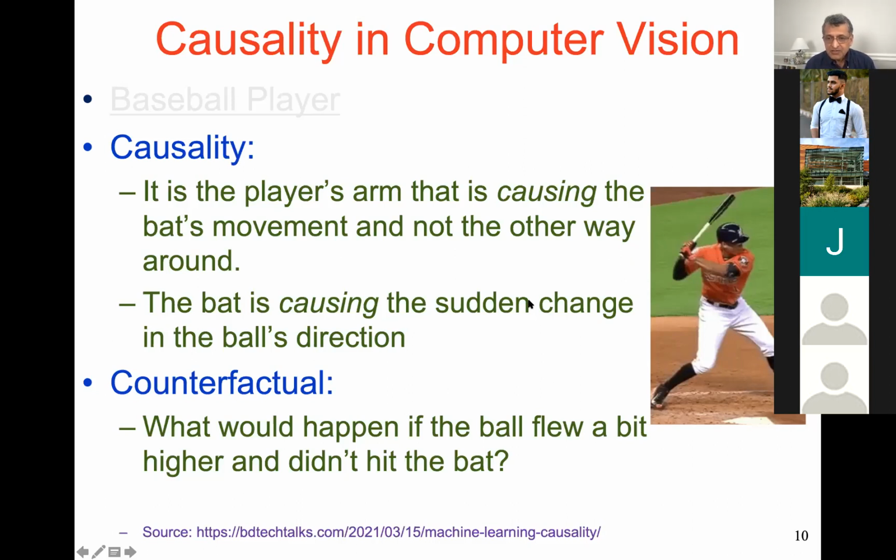So that didn't happen. The ball hit the bat in this case. But we're asking a question, what would happen if the ball flew a bit higher? Didn't hit. So that the batsman in this case missed hitting the ball. What would happen? Where would the ball go? And so on. So it's called a counterfactual, imagining what it would be. And these are things that human beings do.